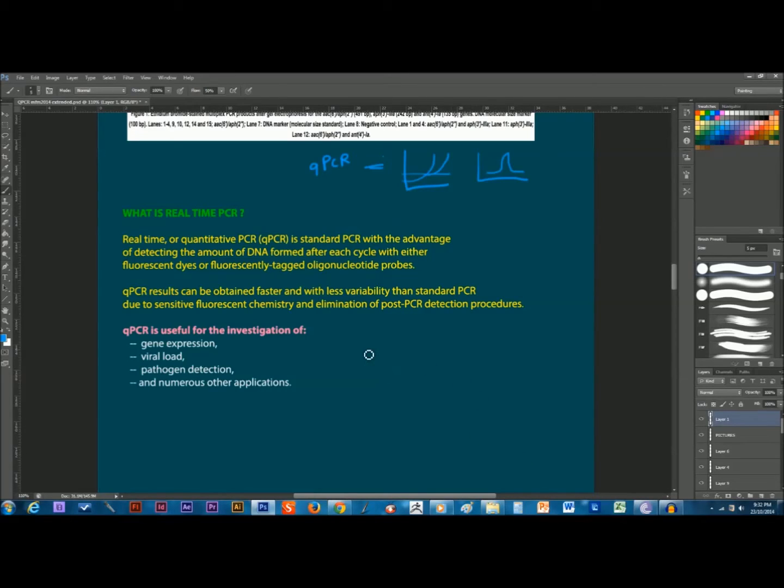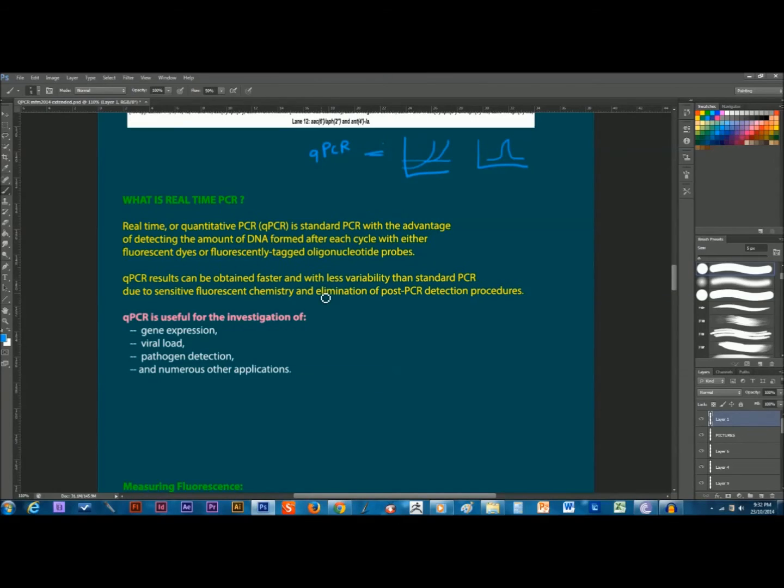Actually, from the standard PCR, we can see the scientists have come up with different variants of PCR. From the standard PCR, we can have the real-time PCR, multiplex PCR, nested PCR, and many more.